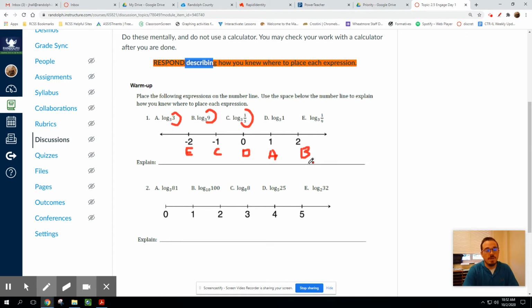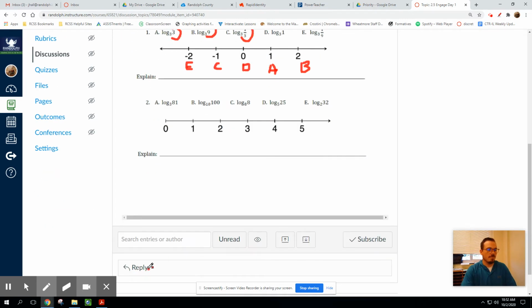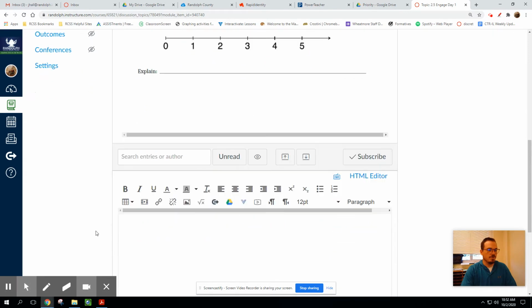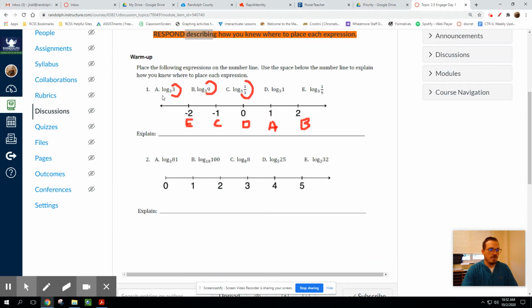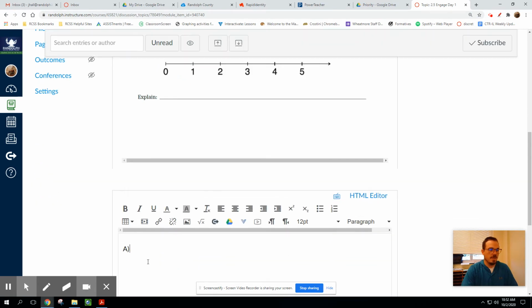So what you're going to do to explain it is you're going to write out, for part 1, when you come to your reply, for A, when you explain, you say log means what power? So converting the logs to exponentials, you can find what each log equals.